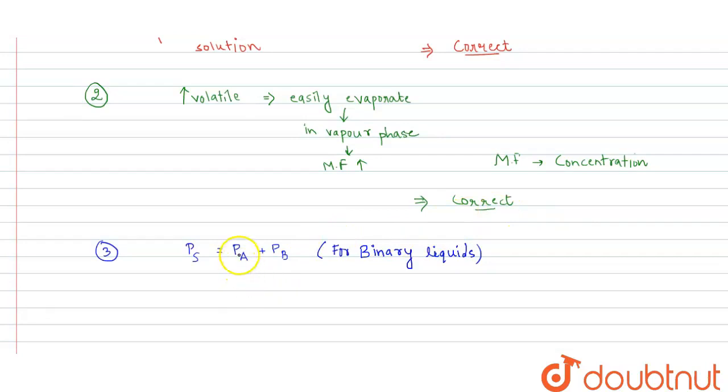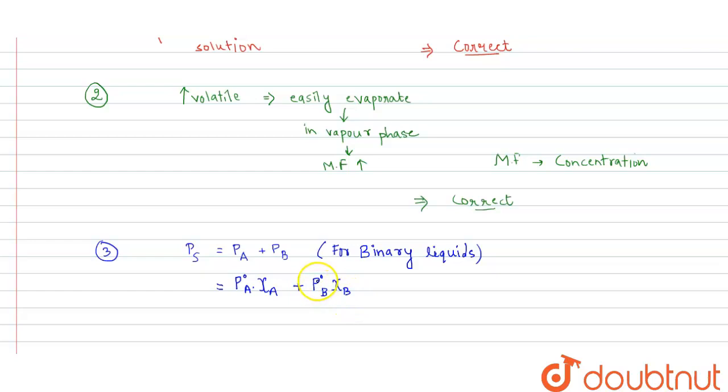Now, if we further expand this by applying Raoult's law, PA will be equal to P naught A multiplied by chi A. And similarly, we can write for PB: PB will be equal to P naught B multiplied by chi B. That is the vapor pressure of the pure component multiplied by its mole fraction.